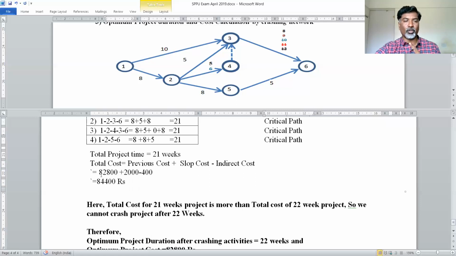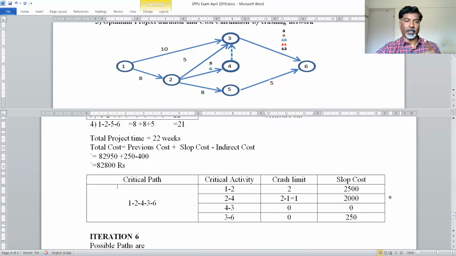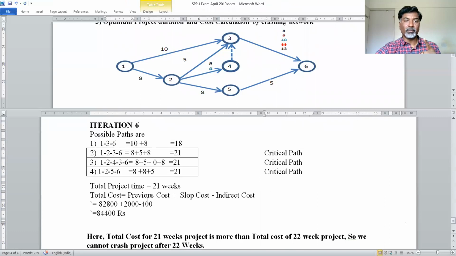Now you have to take what the previous cost was. It was 82,800, and now the current cost is 84,400. Means the cost is increasing. So when the cost is increasing, you have to identify that it is not possible to crash the network further for 21 weeks. For 22 weeks, the cost was 82,800, and for 21 weeks, the cost is 84,400.